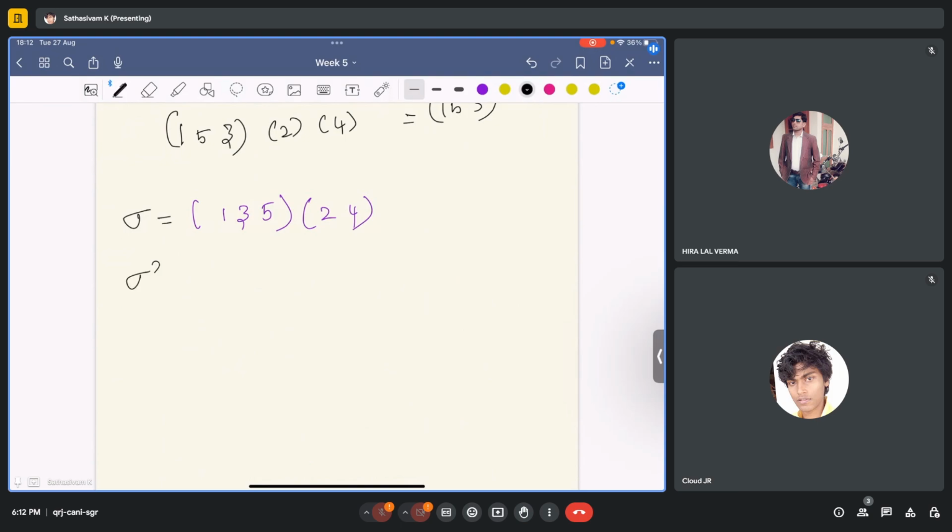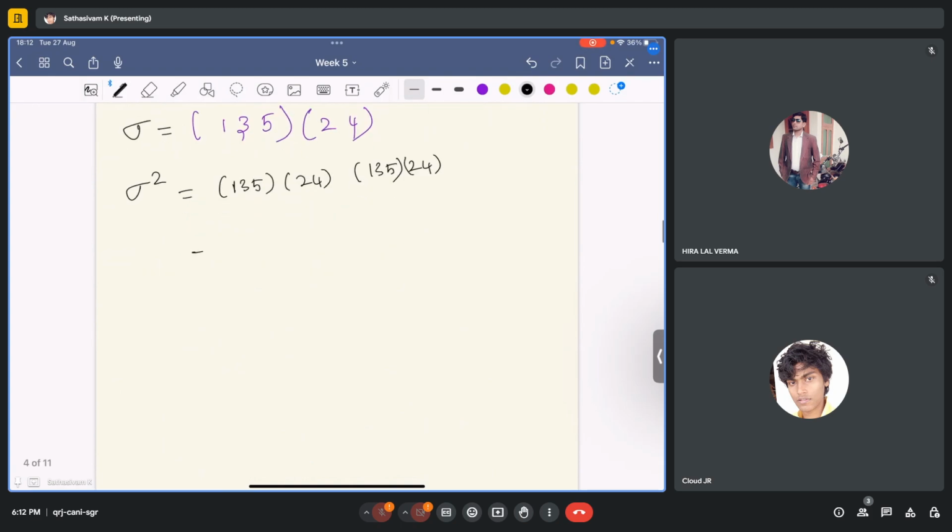Sigma squared is nothing but writing it twice: (1 3 5)(2 4), (1 3 5)(2 4). Now let's compute. Usually the multiplication goes this way; you have to compute from this side, so you need to compute in this direction.